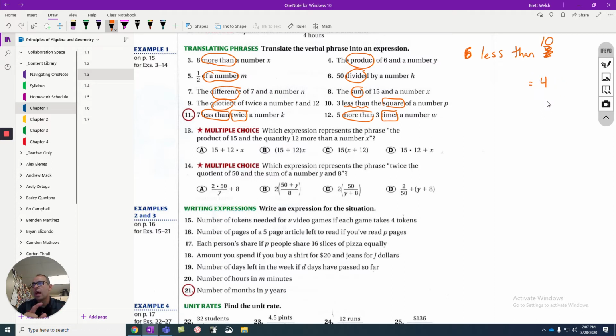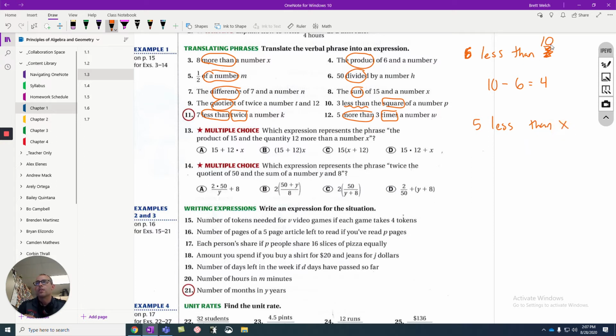Now the question is, what math problem can you use 6 and 10 with to create the 4? 6 minus 10 is not positive 4. It would be a negative 4. So we're going to instead do 10 minus 6. And that's how we'd write this. So let's say that I had 5 less than x.